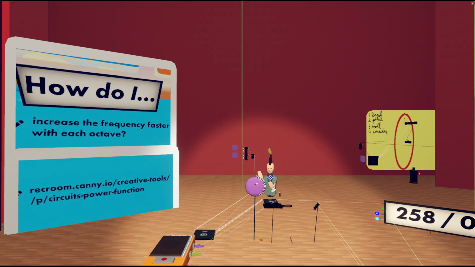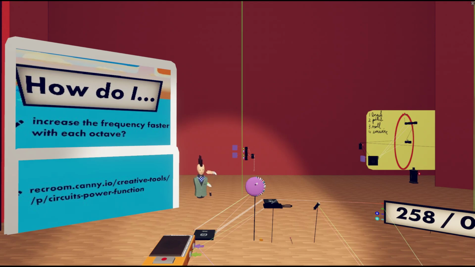To model that function is not really possible in Rec Room right now. I've shown you just about all the math chips, and right now there's no power function math chip. You can multiply two variables together, but you can't raise some number to the power of a variable. Not yet, anyway.